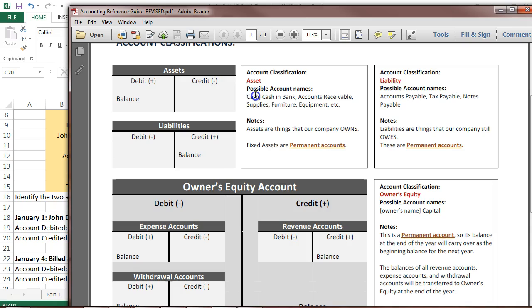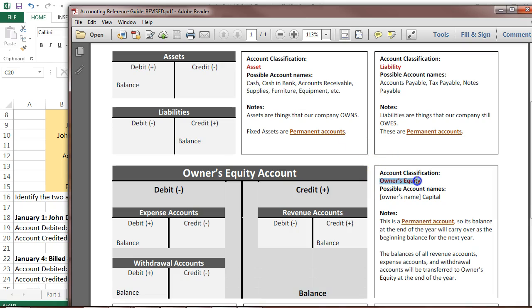Cash usually means cash on hand that they have at the store. And then that's also going to affect your capital account. Remember, our owner's equity account always starts with the owner's name plus the word capital. So we should see an increase in both our cash and our capital account. We're starting the business off.